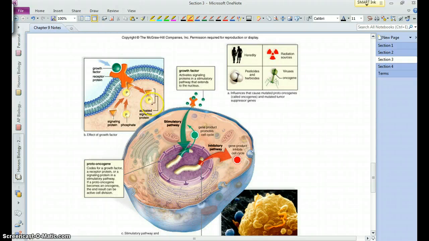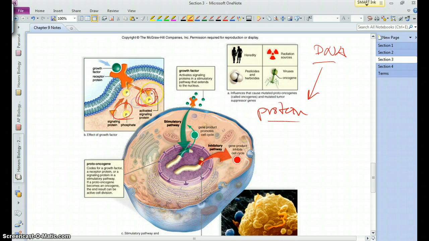What can happen is, if you get mutations in some of these compounds, which are typically some kind of protein, and proteins are made using the DNA, that mutation in the DNA leads to a defective protein.